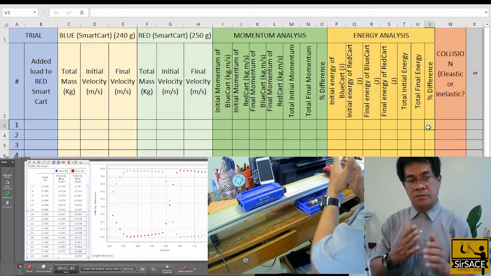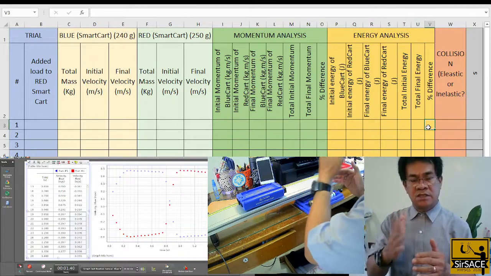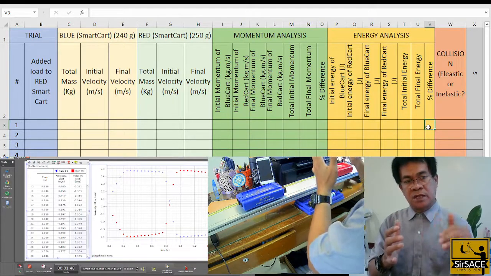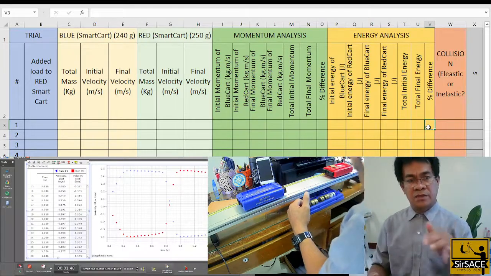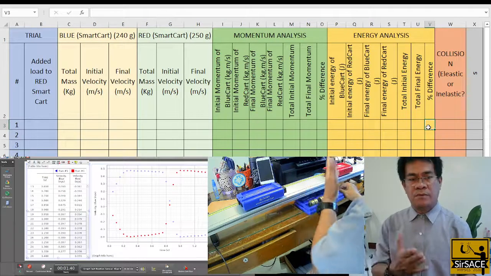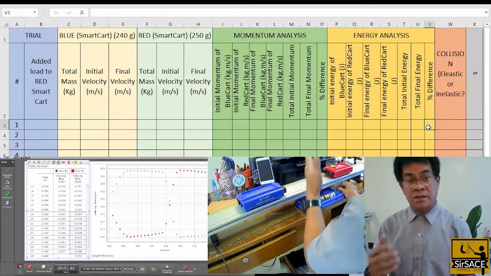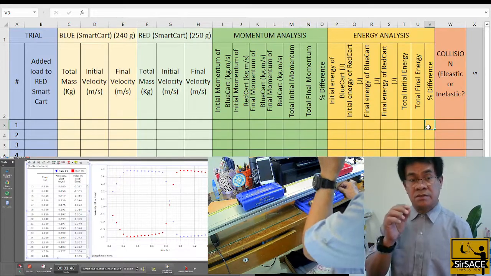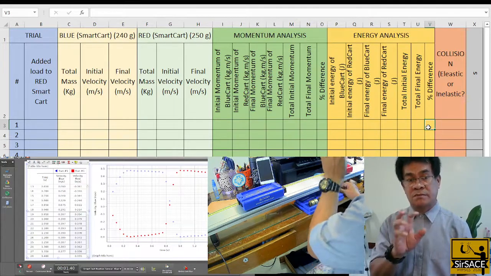So when we take the percent difference, it should be the total initial energy subtracted by the total final energy, all divided by the total initial energy. So the initial energy will be our reference. Then all of them multiplied by 100% to come up with a percentage result. So the same as in the momentum. So in that way, or process, we can observe the percent difference.